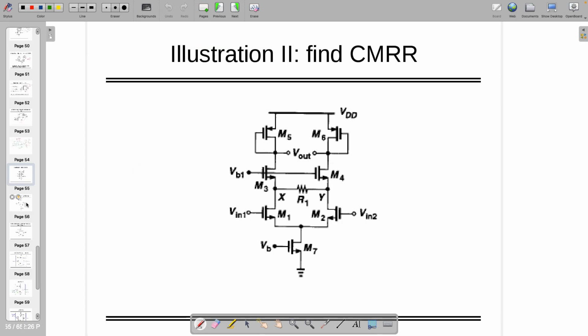Anyway, so now this is one more question for you. Let's start with what is the CMRR for this? This circuit has been taken, all these circuits have been taken from Razavi. Now tell me, what is the differential gain?